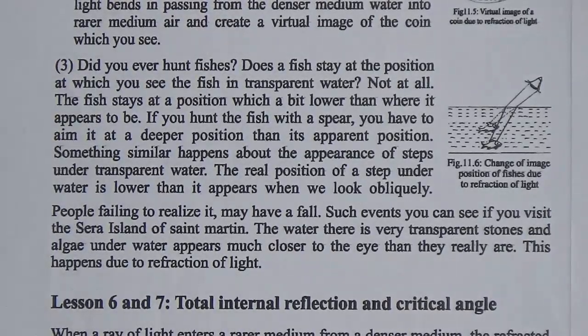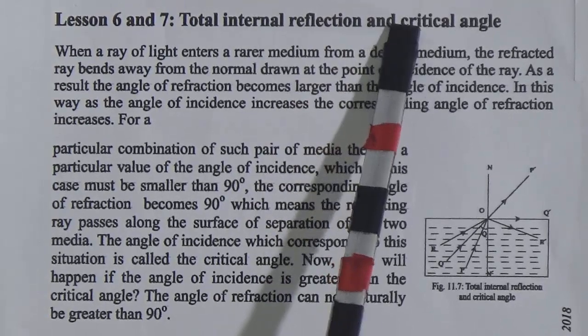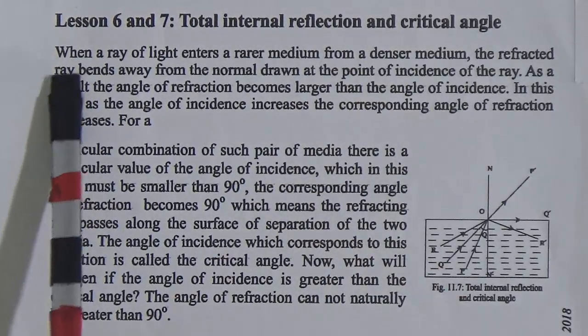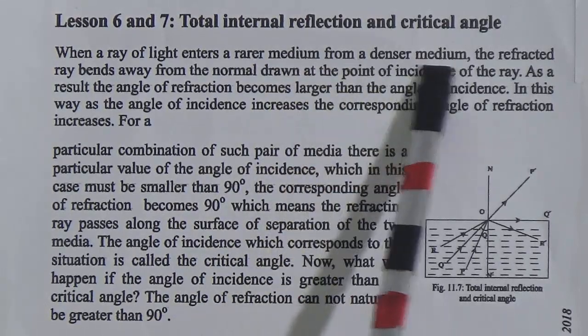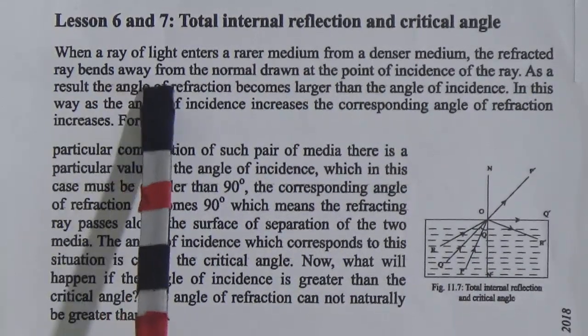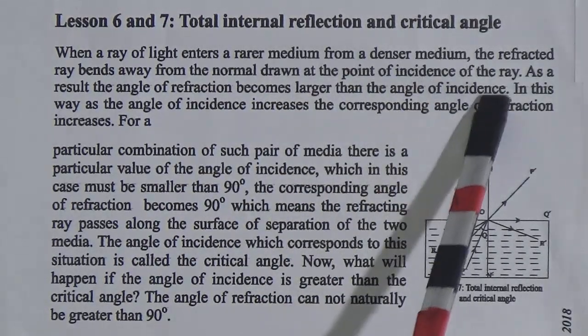Now come to the next lesson, total internal reflection and critical angle. When the light ray enters from the rarer medium to the denser medium, the refracted ray bends away from the normal drawn at the point of incidence.